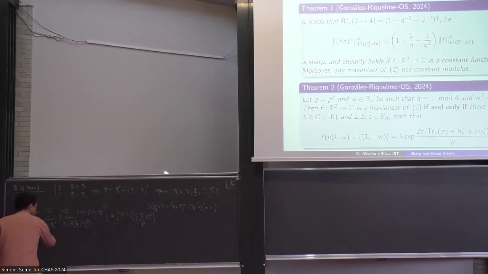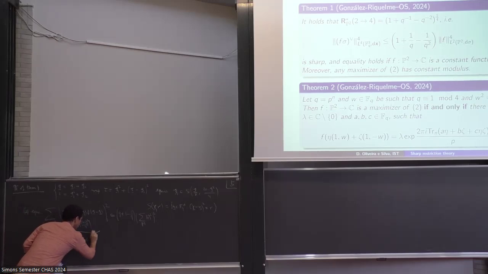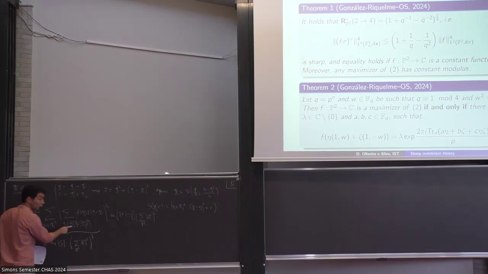One sort of trivial bound would be to bound this by the sum of the sizes of circles times the L2 norm squared. Right? This is a trivial bound. I can just take the largest circle and use Cauchy-Schwarz for each theta in F_q. And this is exactly what Fourier does in the Euclidean case.